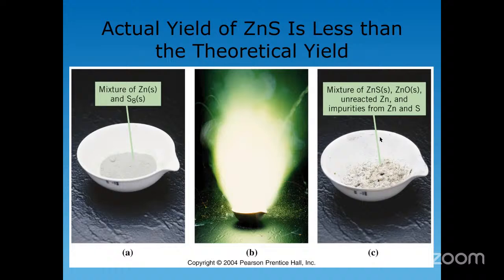Not only that, you might have unreacted zinc, right? And you can also have unreacted sulfur. So, for those reasons, the percent yield will not be 100%, right? And this is something that is pretty much a problem that you can't avoid. The best you can do after getting your product is purifying it to get your final product. But even then, the yield will definitely be less than 100% as a result.